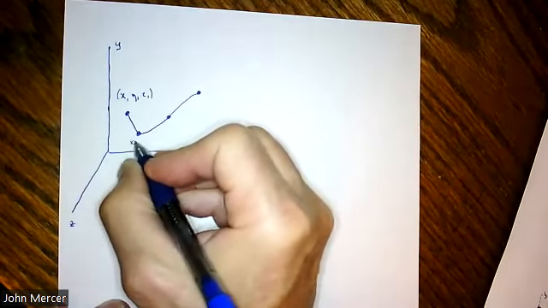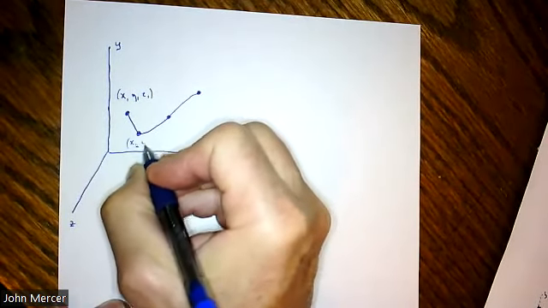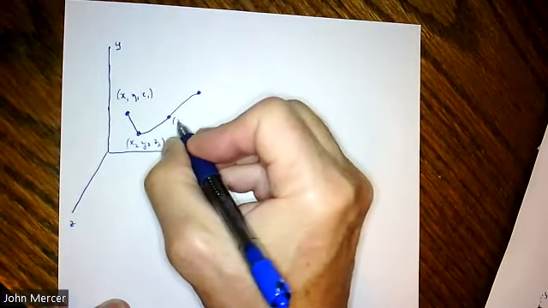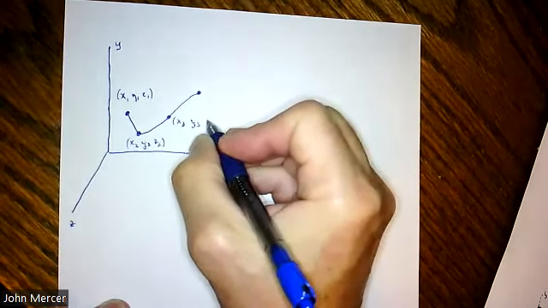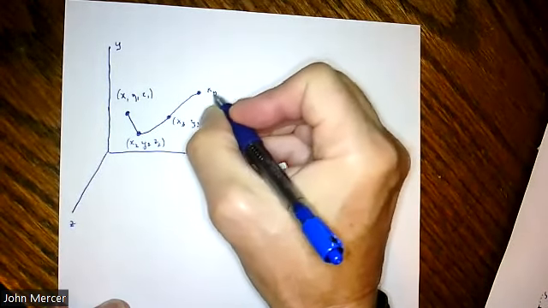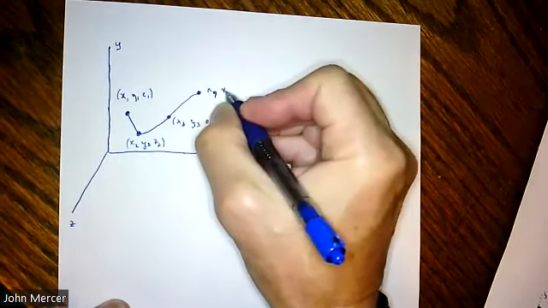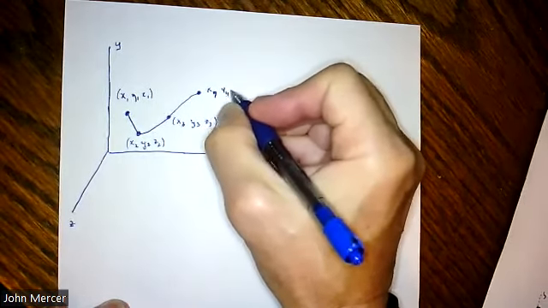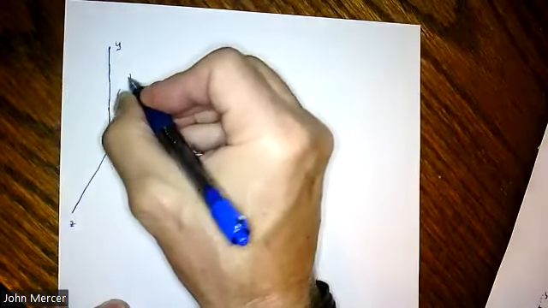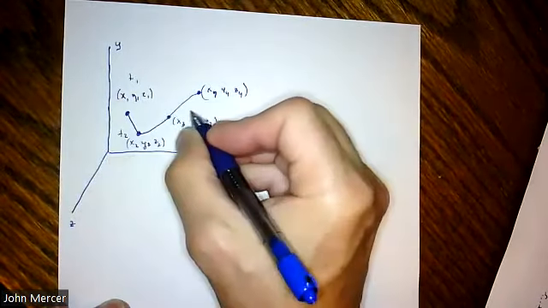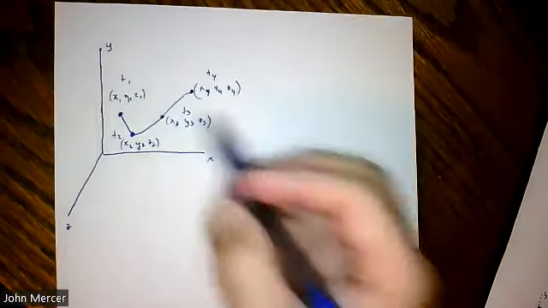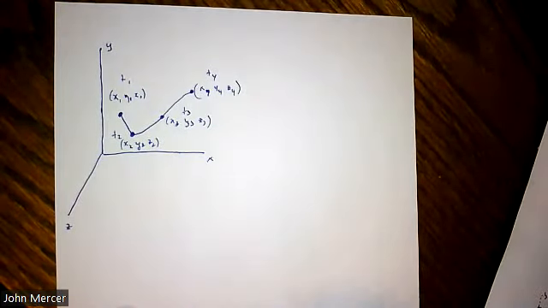X1, Y1, Z1, X2, Y2, Z2, X3, Y3, Z3, and X4, Y4. I can't talk and write at the same time, Z4. So this would be time 1, time 2, time 3, and time 4. And whichever way this object's moving, we will track it.